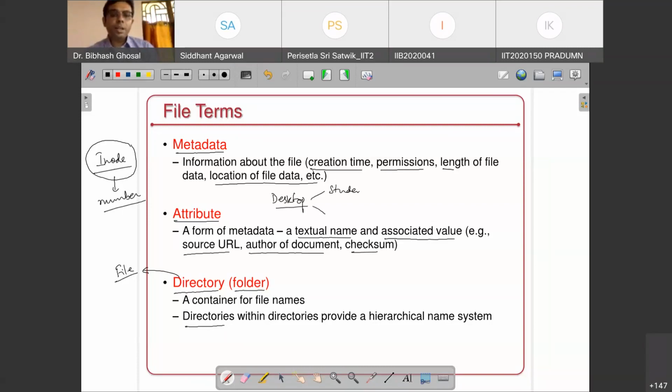If I see the content of this file called desktop, which is of type directory, I will see that it just contains a list. Later on, I'll give more details. If you look at this content, you will find the name, student, and the inode number of that. That's what it has. So it just contains the list of the files and the directories within that.